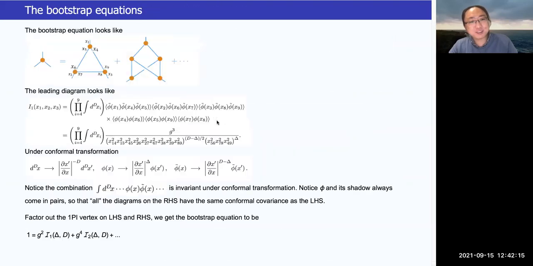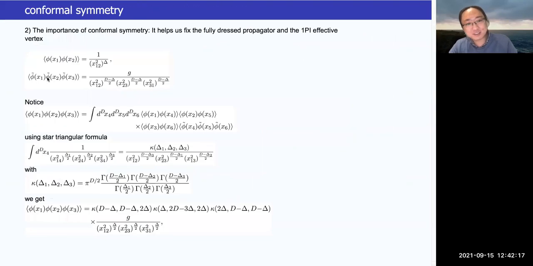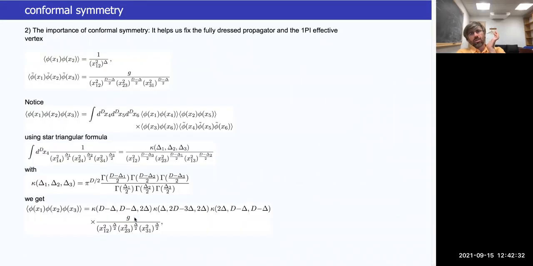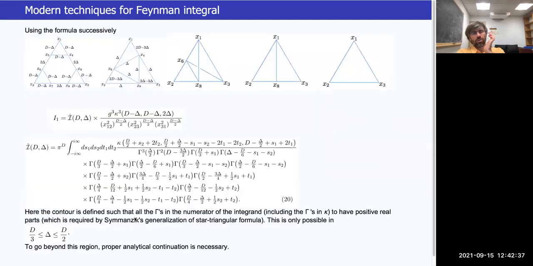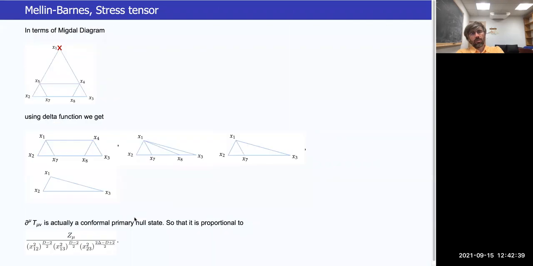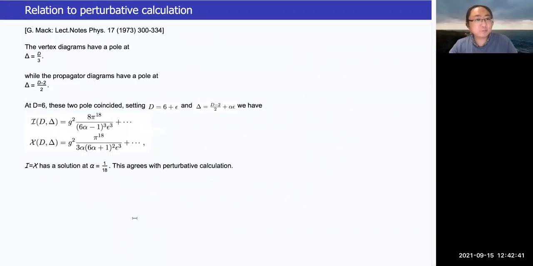I'm normalizing phi like this. So in other words, my 3-point function looks a bit weird. But is there some sense in which this solution becomes weakly coupled when you send the dimension close to 6? Precisely what I'm going to talk about next.